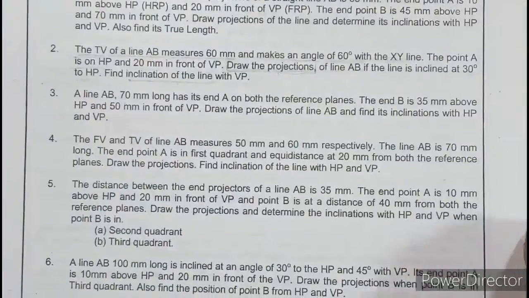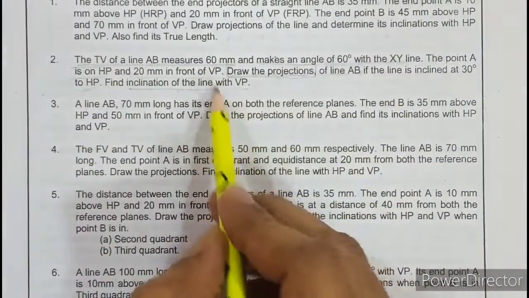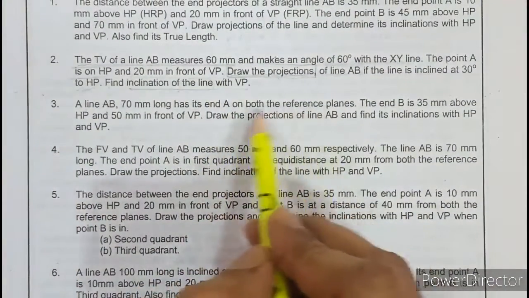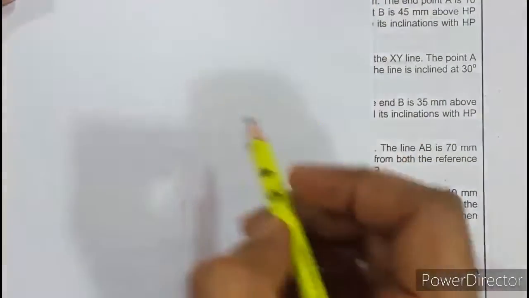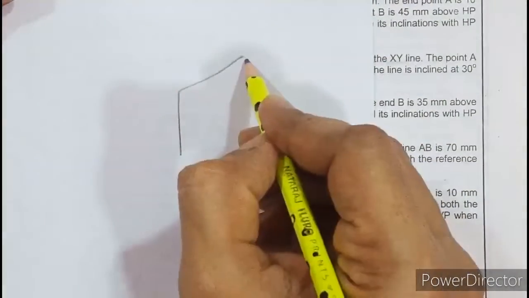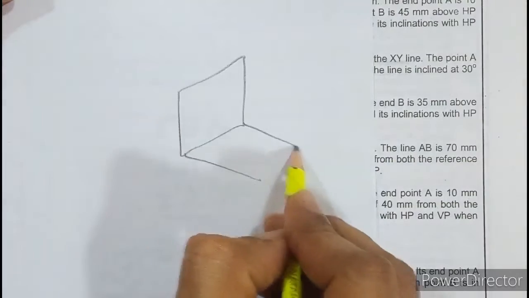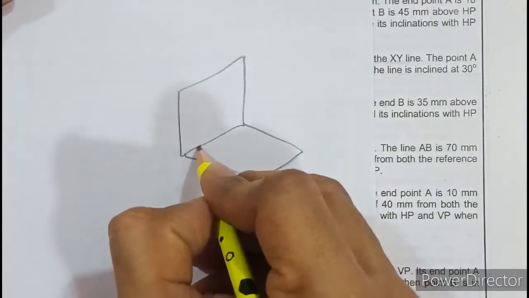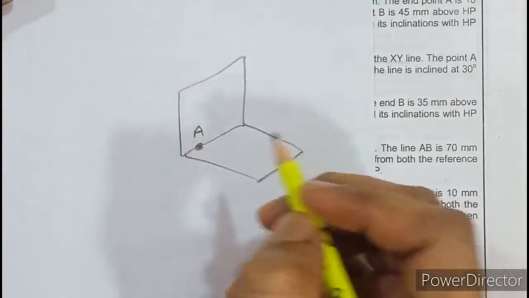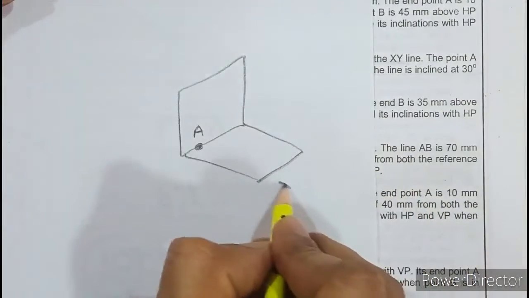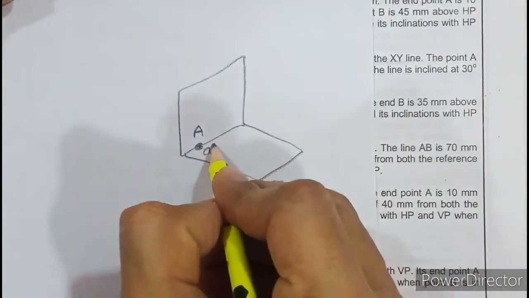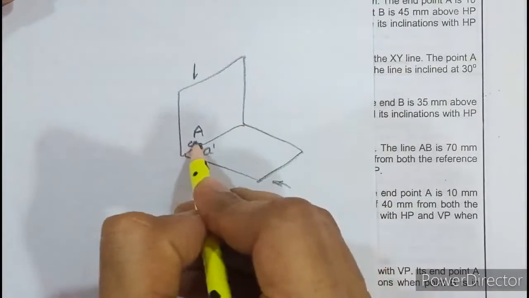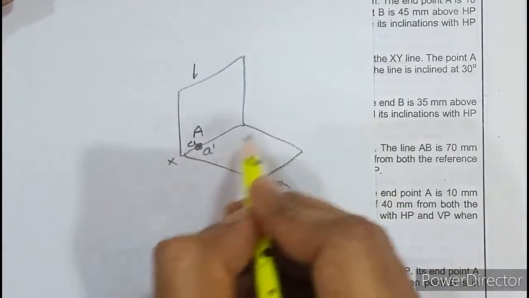Now they have said point A is on both the reference planes. So we know that this is VP, here we have HP, and point capital A lies on both the reference planes. It means the front view of the point A dash and top view of the point A both are on XY.